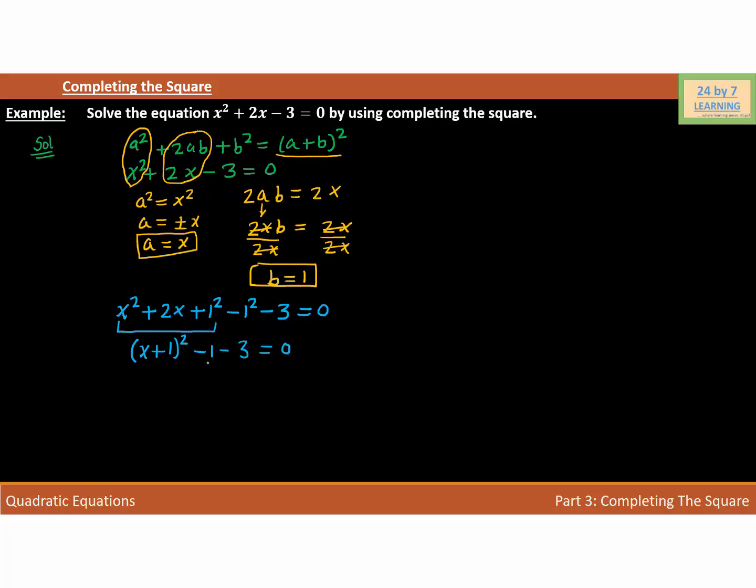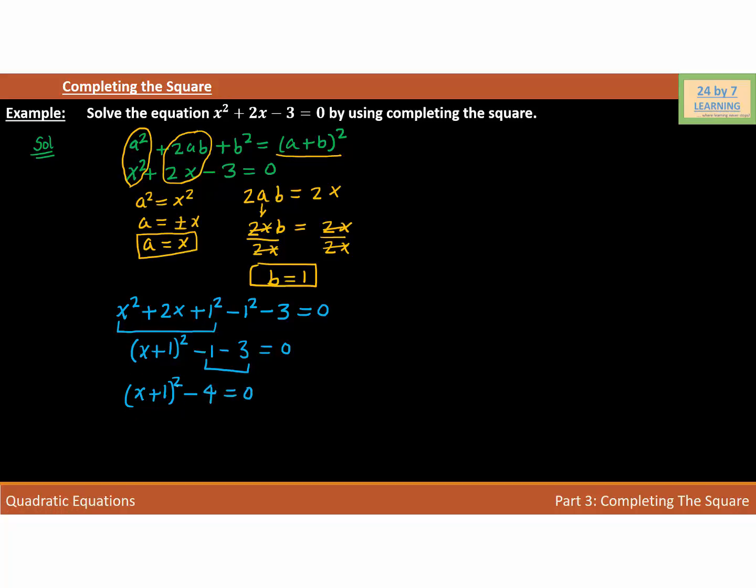Now I'm going to simplify this expression further. So basically I will add these two numbers because they are negative 1 and negative 3, so their nature is the same. So I will write x plus 1 whole square minus 4 is equal to 0.